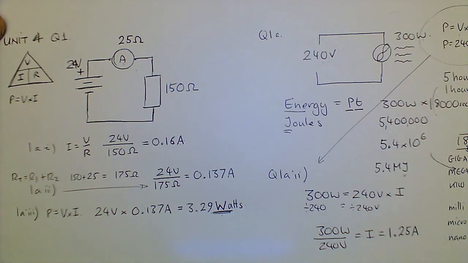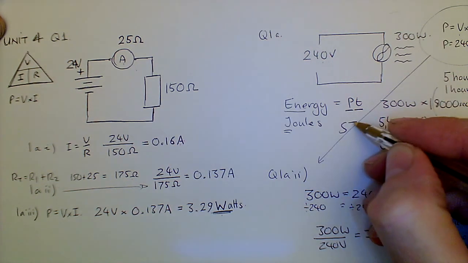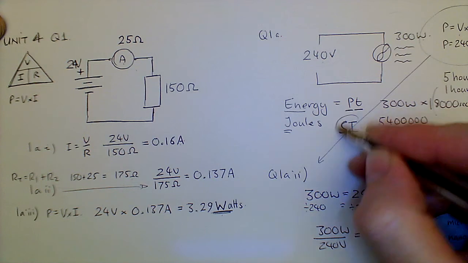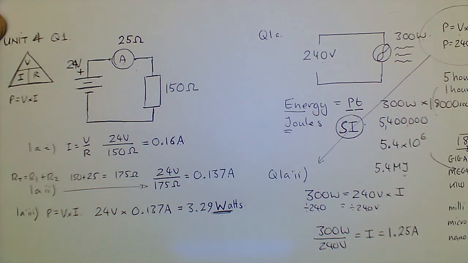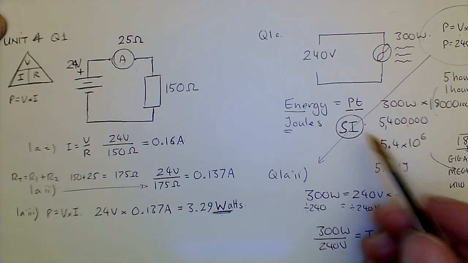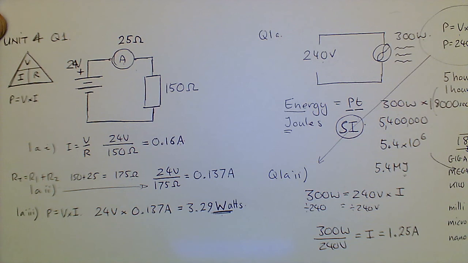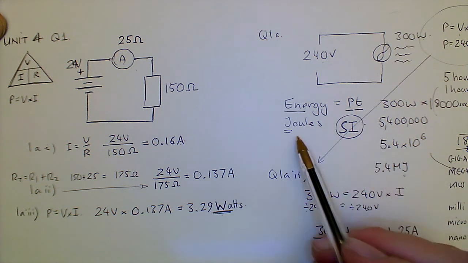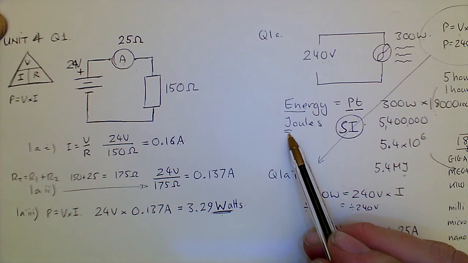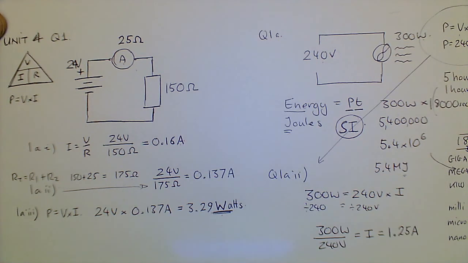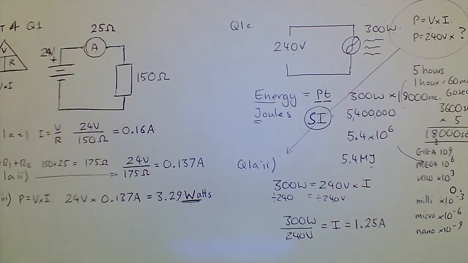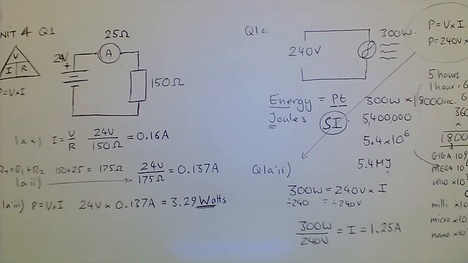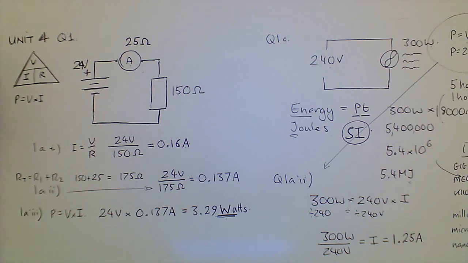Remember, we're using SI units. If it's not in SI units, the first thing you should do is convert it into SI units. You shouldn't get anything in the exam that's not SI units. Energy is equal to power times time, and the SI unit for energy is joules. And that's question 1 for both papers.